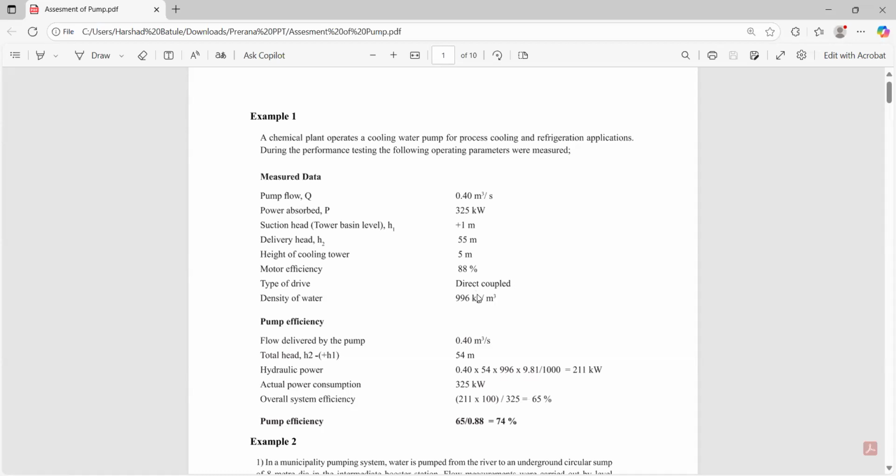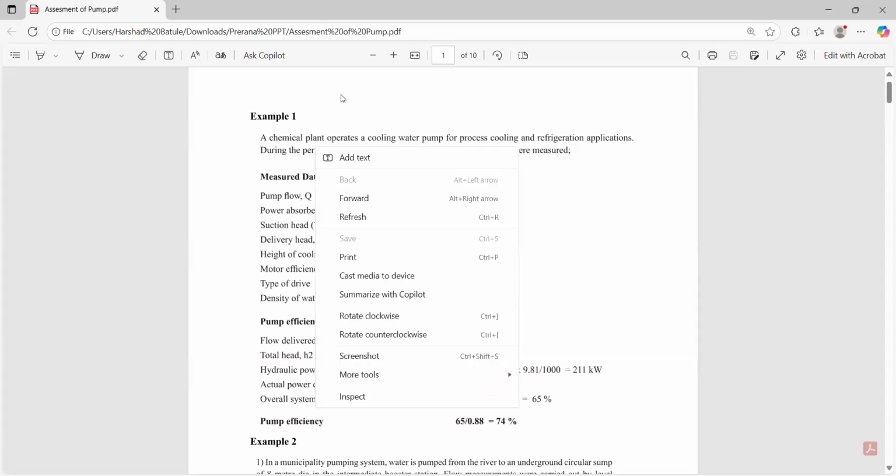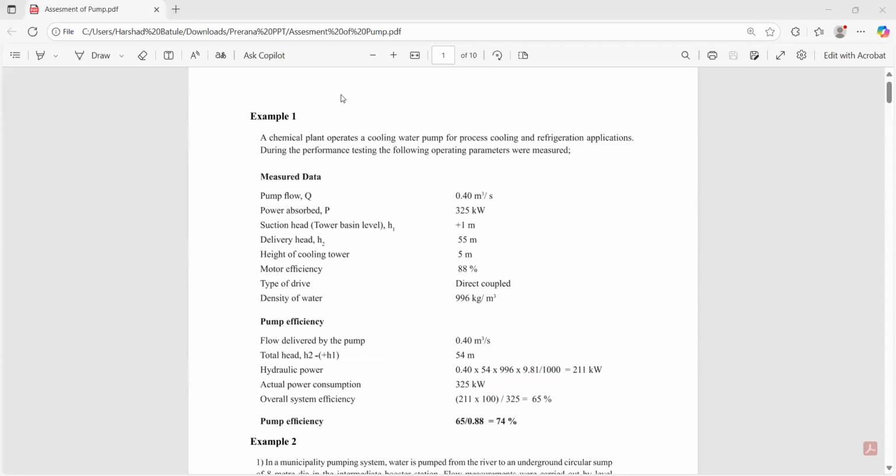So first we'll understand what the data given signifies. When we were doing the pump and pumping system assessment, we understood that there are two, three data required for the assessment.